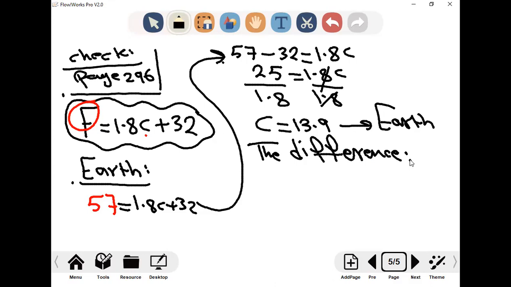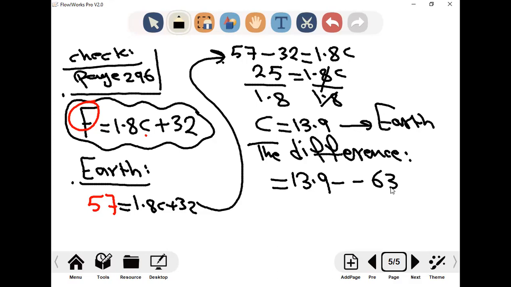The Earth how much? The Mars how much? Negative 63. The Earth 13.9, right? Minus Mars, minus, right? How much is the Mars? Negative 63, right? Why I put two minuses here? One for the difference and the other one it is the value already negative, right?